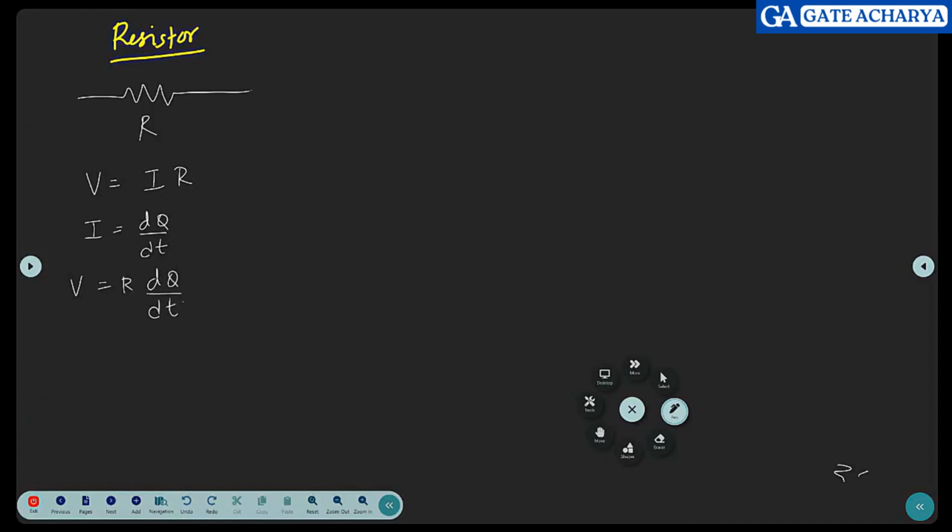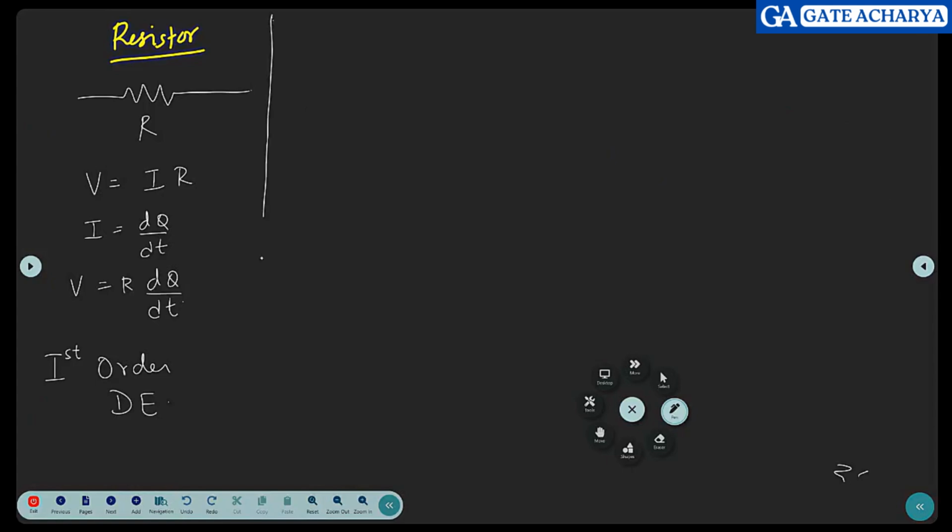From a charge viewpoint, this is a first order differential equation. You can see d by dt is there. This is about the resistor.